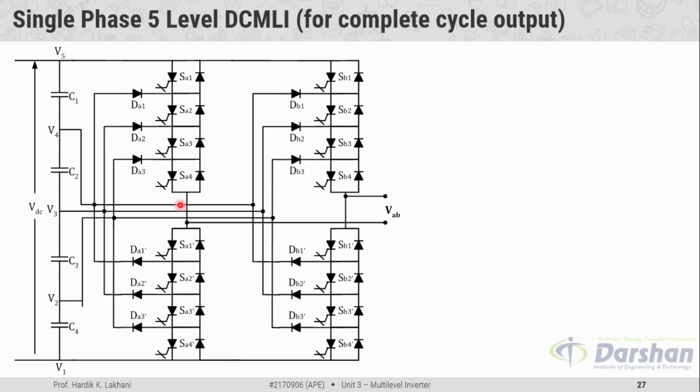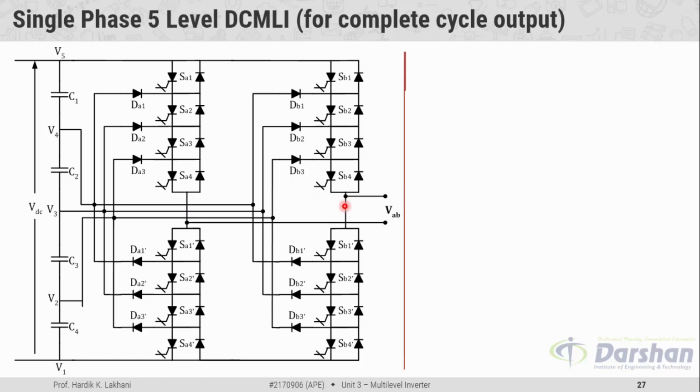The first pole is referred to as leg A and the second pole is referred to as leg B. Input is common to leg A as well as leg B. Even biasing capacitors are common for leg A and leg B. Output of this DCMLI is taken between these two terminals, which are the center point of each leg respectively.